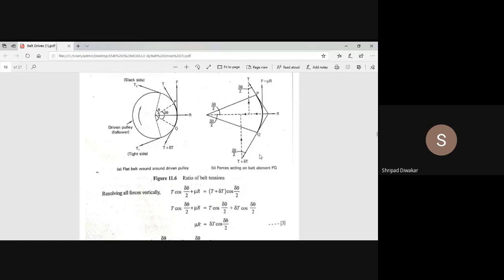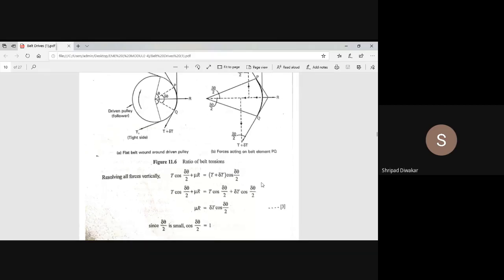Resolve the force vertically. So first T cos of delta theta by 2 plus mu R, that is the frictional force, equals T plus delta T into cos of delta theta divided by 2. In resolving the forces horizontally we took sine. Here you are going to take cosine. So T cos delta theta by 2 plus mu R equals T plus delta T cos of delta theta divided by 2. Just resolve the forces and next you have to simplify.